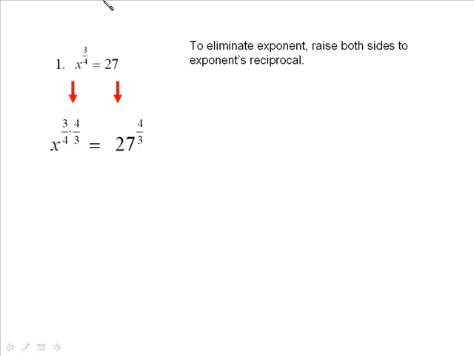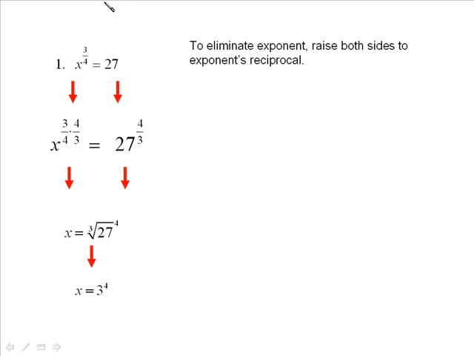So I raised that like this. And the next step would be just to illustrate this as x by itself is equal to 27 to the 4/3. And although you can just push it through your calculator the way it is, and many of you will do that, I'm going to continue to use the traditional breakdown method for a lot of these. That's equal to the cube root of 27 to the exponent of 4.